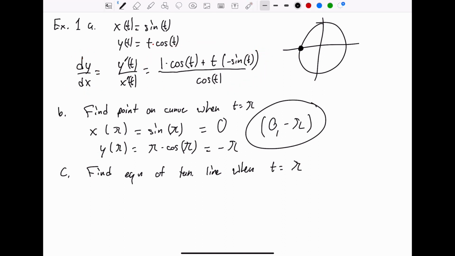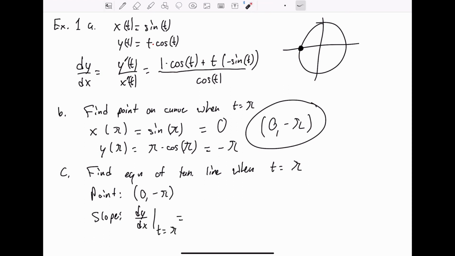So first of all, the point is (0, negative pi). And then the slope is the derivative when t equals pi. We're going to replace all the t's with pi. So we have cosine of pi plus pi times negative sine of pi, all divided by cosine of pi.